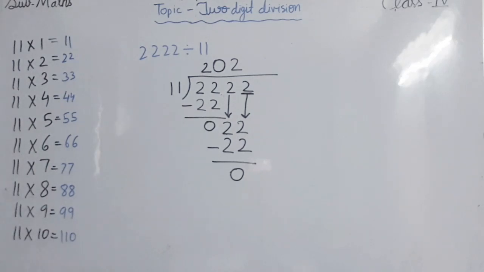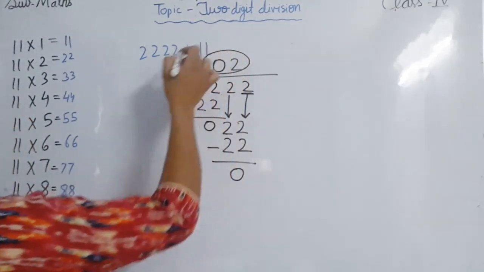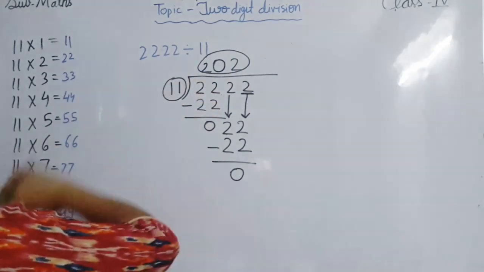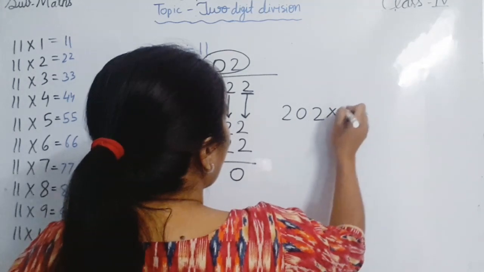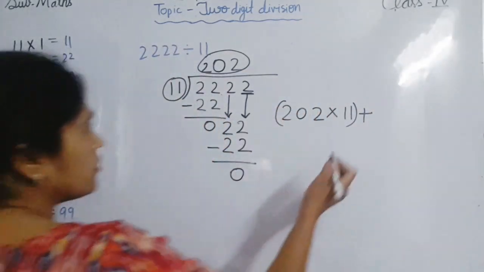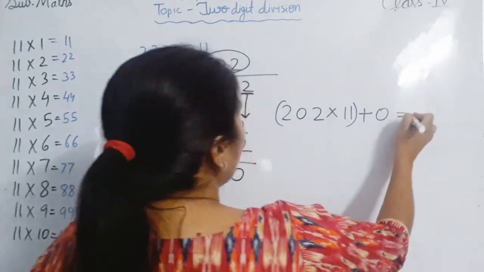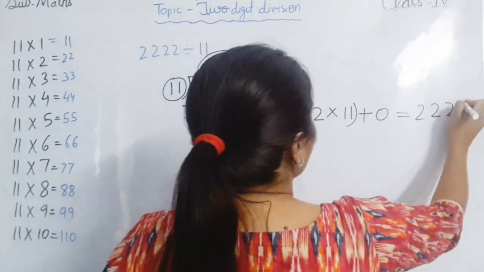So let's check whether the answer is correct or not. Again, quotient multiplied by divisor. Here I am writing 202 multiplied by 11, plus remainder. What is the remainder? 0. It should be equal to 2222.